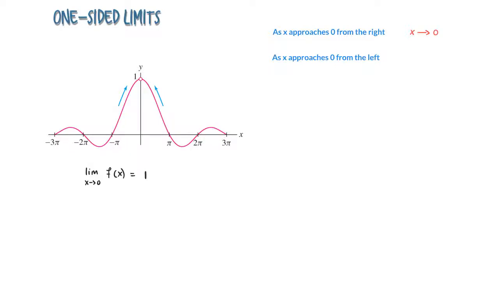And to denote from the right, you're going to put a tiny little plus above in the place of an exponent. Similarly, as x approaches 0 from the left, you're going to go x, arrow, 0, and a tiny little minus exponent on top.